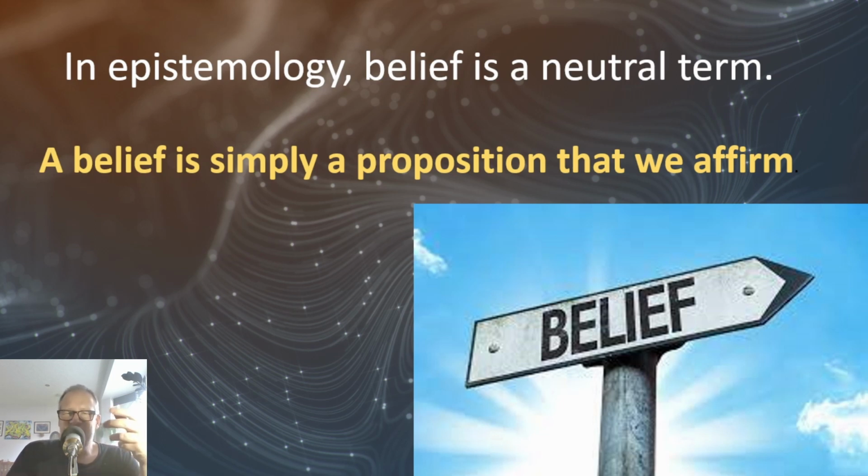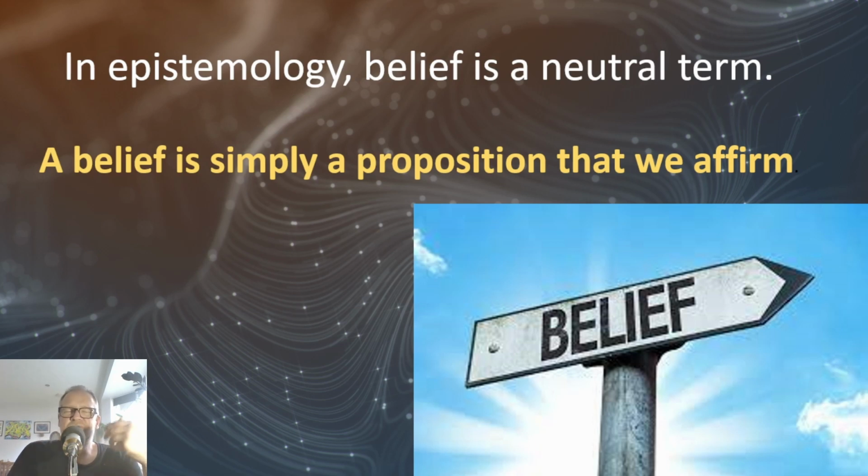Now, propositions are something else that we'll be going into a bit deeper later on, but for now, as a basic understanding, a belief is when we accept some truth-apt declarative statement about some state of affairs. So when something is truth-apt, what we mean is that it can be true or false.